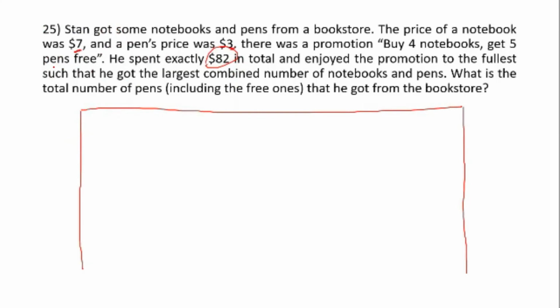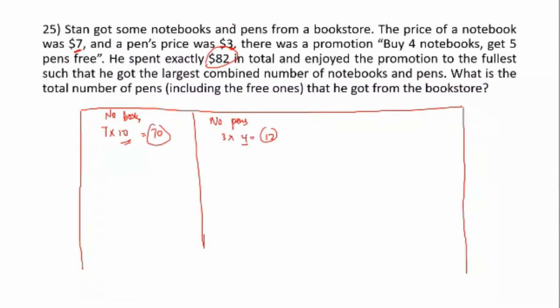So it can be 7 times 10 books, okay, so this is number of books. 7 times 10, that will make 70. And then the number of pens is 3 times 4, which is 12. And you can see that the total makes $82, right?